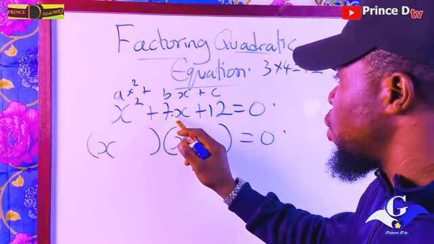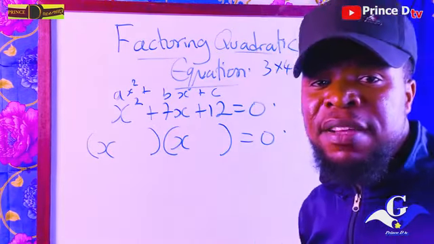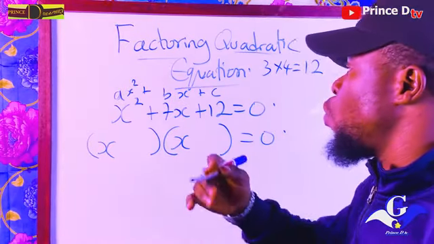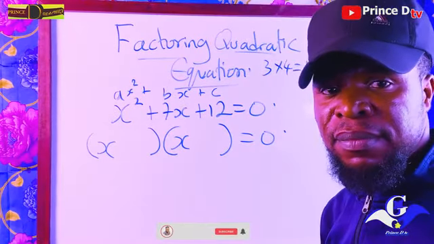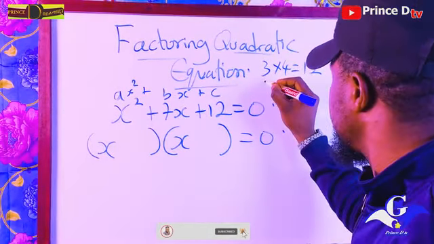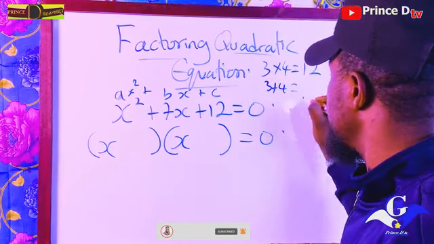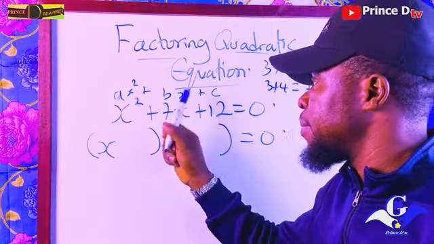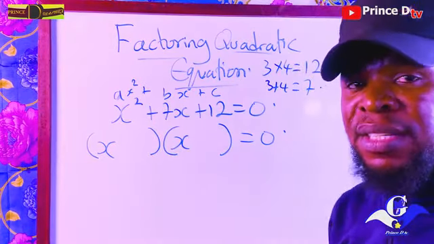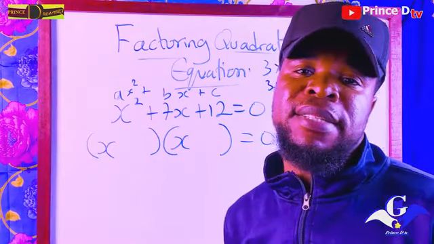What of this other constant b? I ask myself, those two numbers, when I add them, will it give me this constant b? Now I come again. 3 plus 4 is equal to 7. Yes, it has given me this constant b. Now I'm satisfied with my numbers.